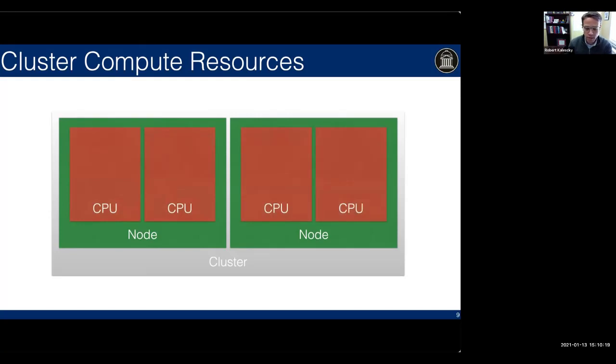Within each node, most of the nodes on M2 have multiple CPUs, 2 or 4, and they all have lots of cores, right? And so the goal of HPC in general is to use as much of this computing resource as efficiently as you can to solve whatever problem you are trying to tackle, right?